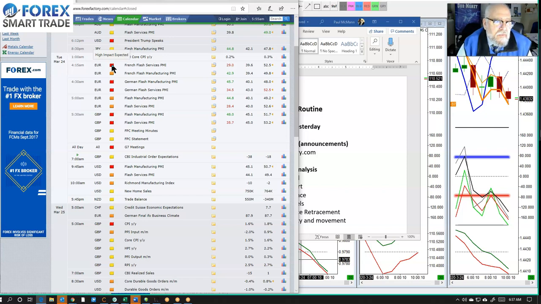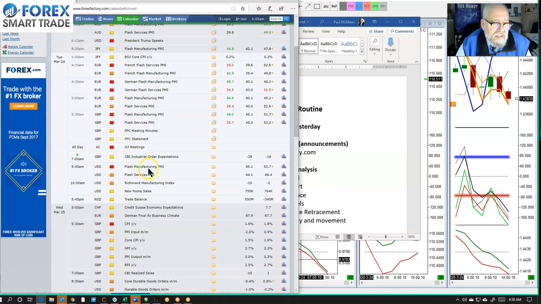So here, and my clock is set to Eastern time, a little earlier this morning, they had French PMI, which is a production estimate, German PMI, UK, Great Britain PMI. There are G7 meetings going on, so all of this stuff has already happened.